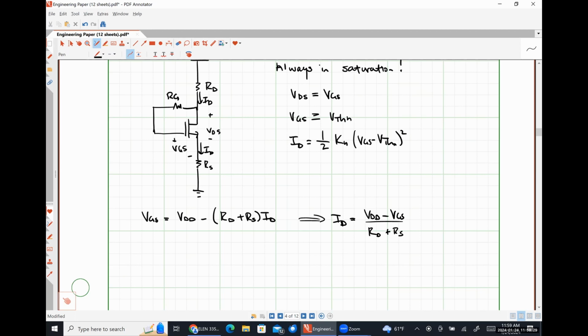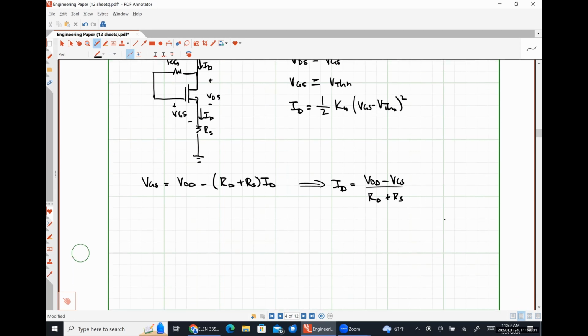We set our two relationships for the drain current equal to each other. We wind up getting VDD minus VGS over RD plus RS is equal to 1/2 Kn (VGS minus VTHN) squared.